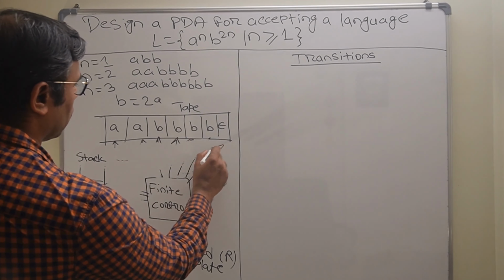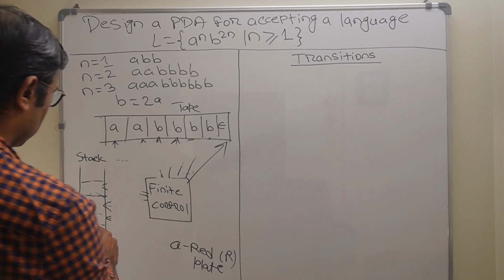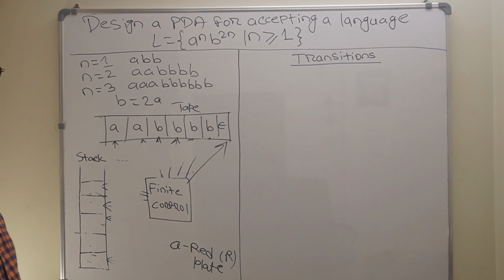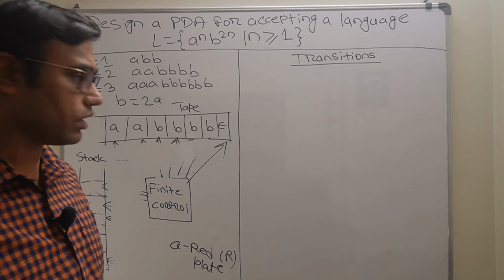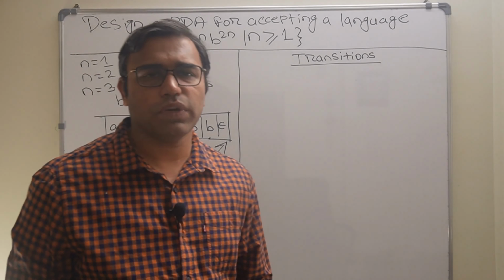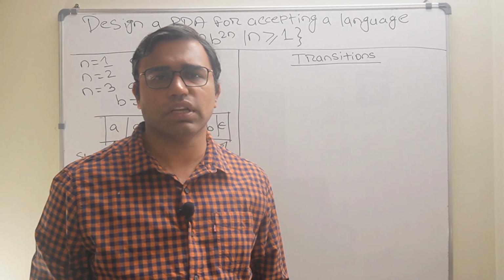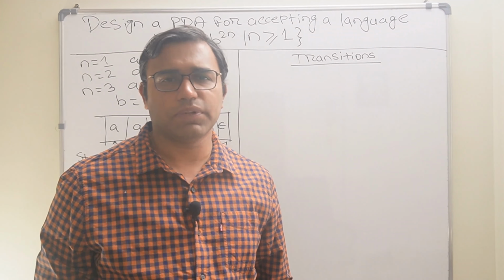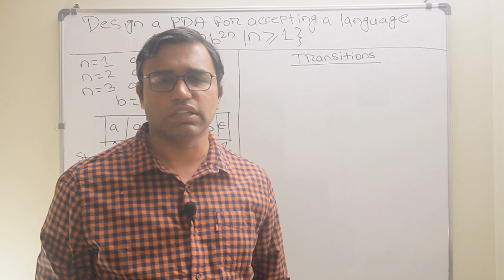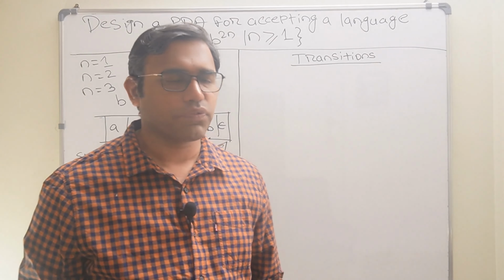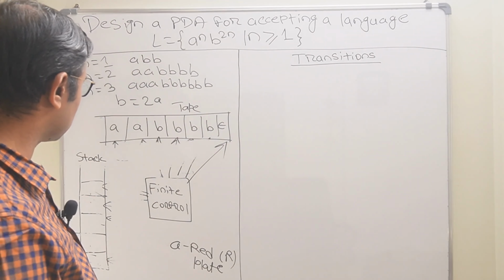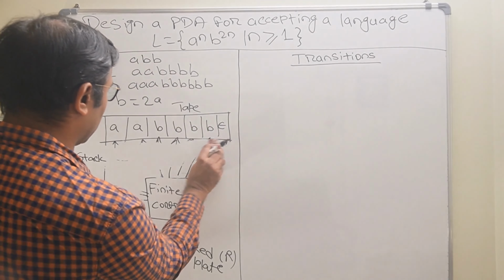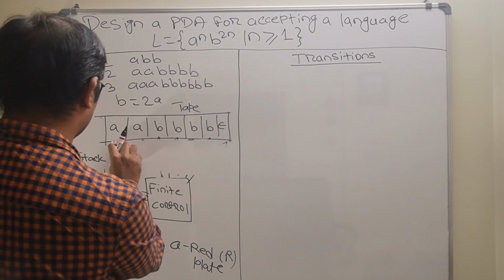So for epsilon remove this Z. So at the end, if you find the stack is empty, hence the string is accepted. So in push-down automata, when there is no more symbol left in the stack, then you can say that the string is accepted. So this is the logic. Now I will write the transition for this push-down automata.